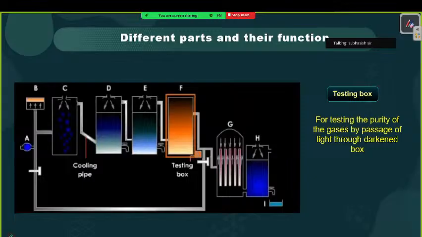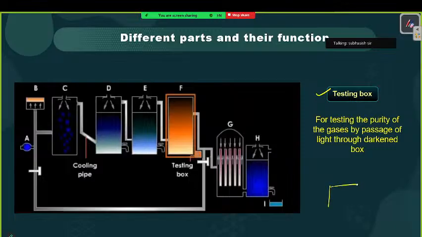But in this step we remove nothing; we only confirm that there is no impurity present before we let the gaseous mixture into the catalyst. We confirm that there are no dust particles present in the gaseous mixture. That is the function of the testing box.